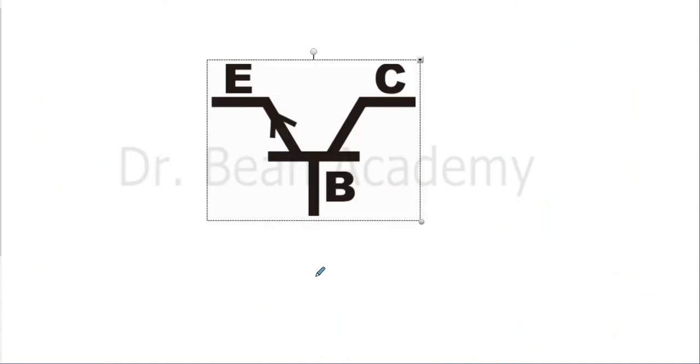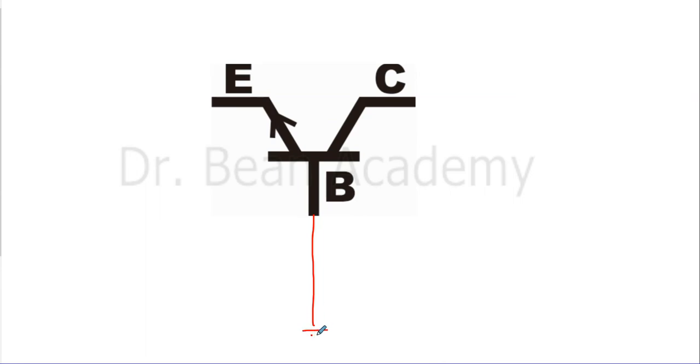So here I have an NPN transistor, and I want to draw the common base configuration. As usual, base is always grounded. Then the collector will pass through a resistor. This resistor is just to limit the current, just in case we need, so we can call it RC.